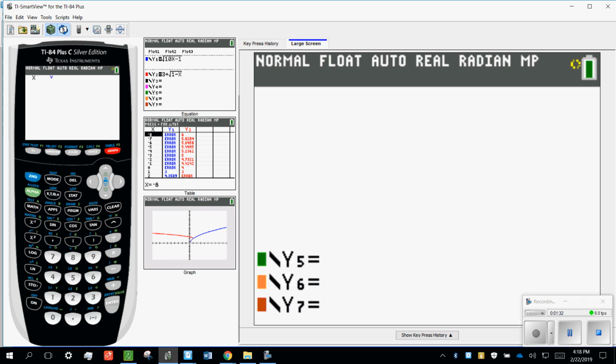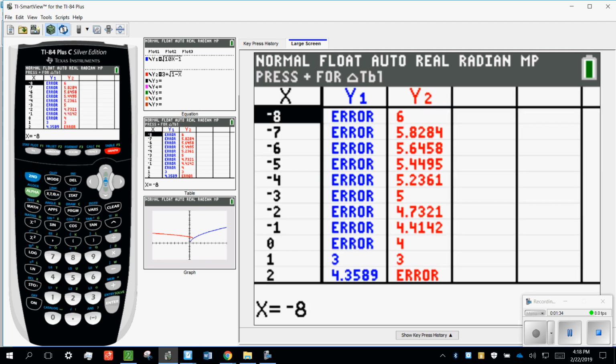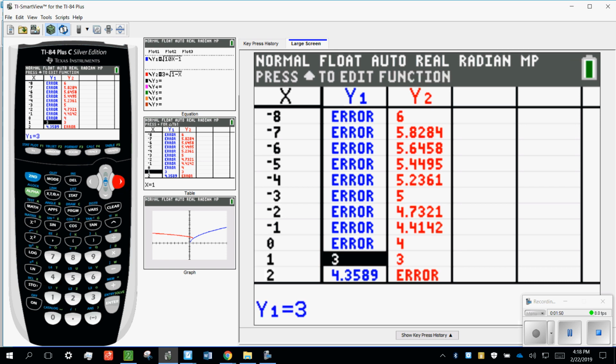One other option. So something that happens when the intersection point is also the vertex point for one of these functions is it won't detect that intersection point. So if you go to the table and you look at when x equals 1, y1 is 3 and y2 is 3. So they have the same value when x equals 1, 3 and 3.